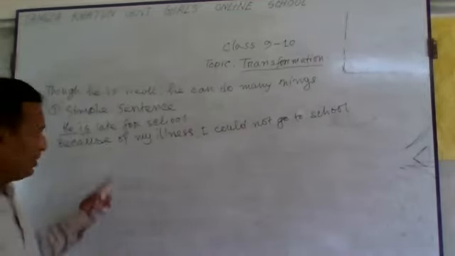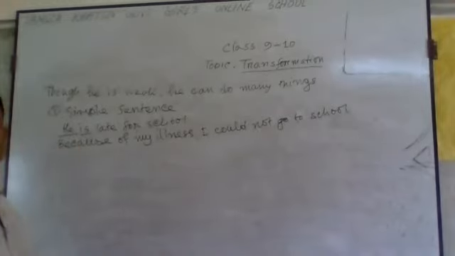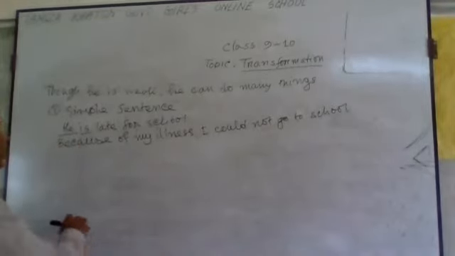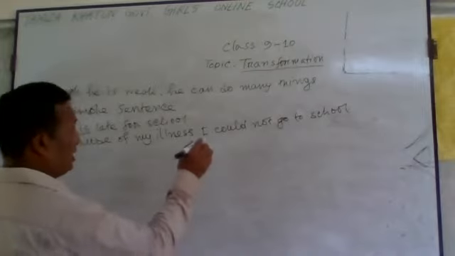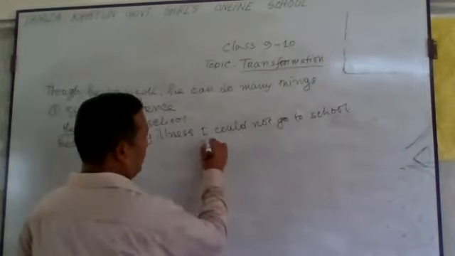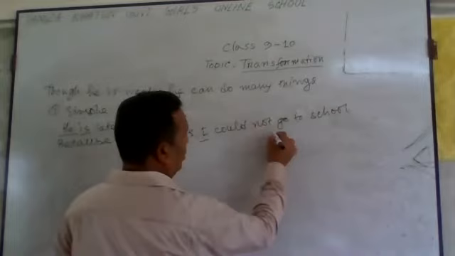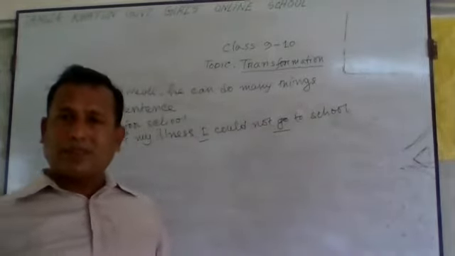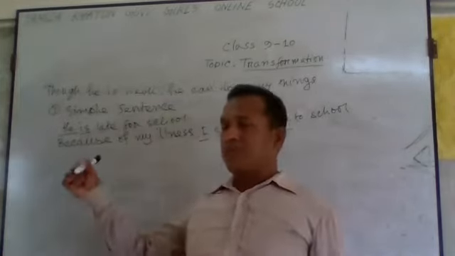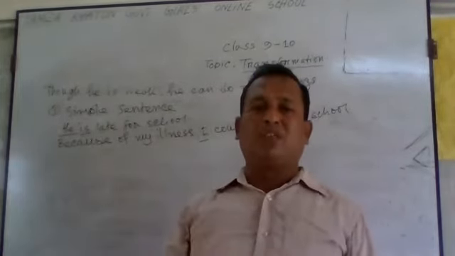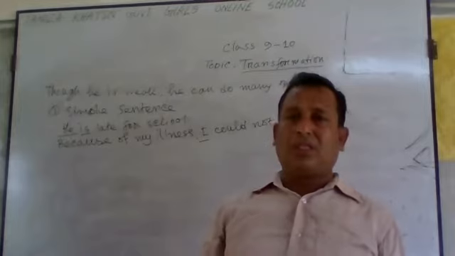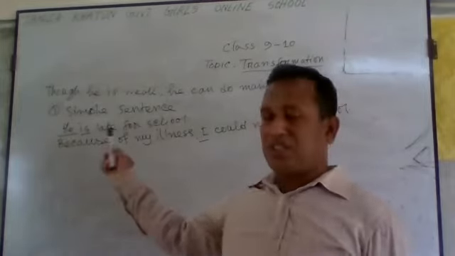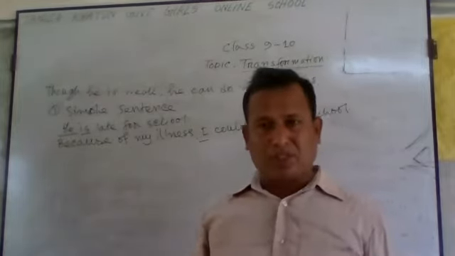Finite verb in the second sentence: because of my illness, I could not go to school. I is the subject and go is the finite verb. Okay? So, as per my definition of the sentence, both sentences are simple sentences.